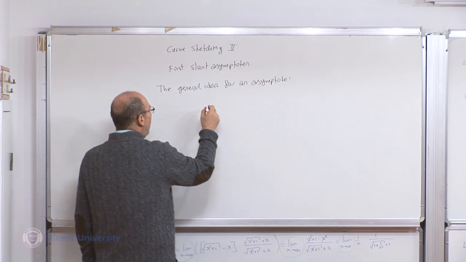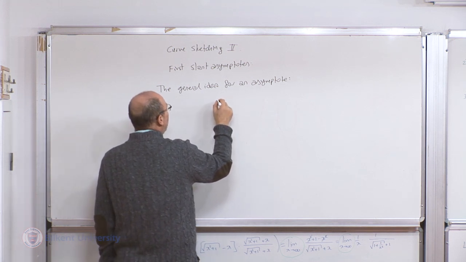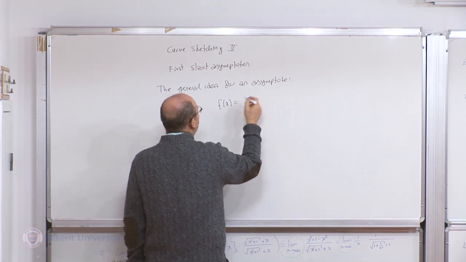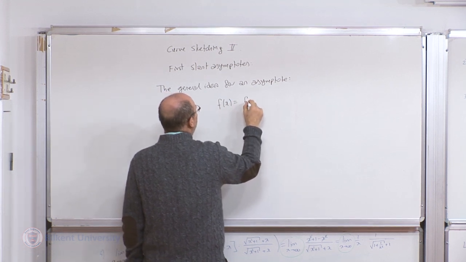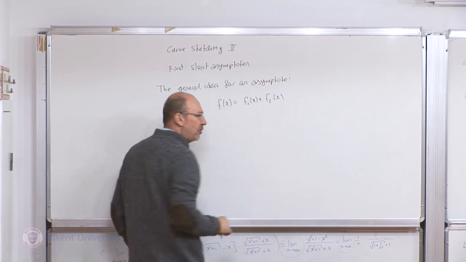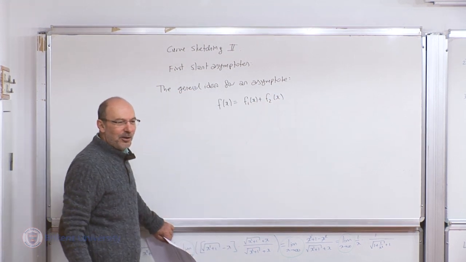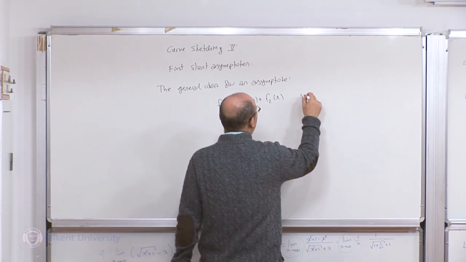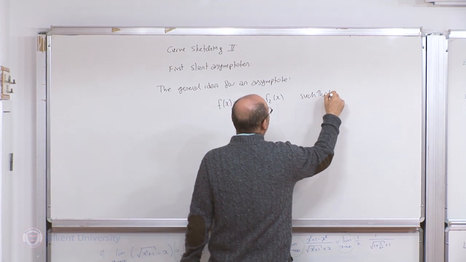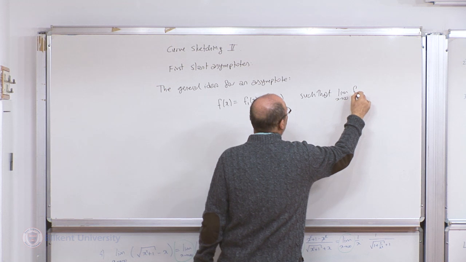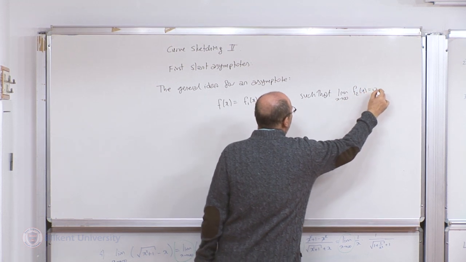Okay, we have a function f of x. We can write f of x as f1 of x plus f2 of x. This is general theory, so it doesn't make sense until it is over, such that the limit as x goes to infinity of f2 of x is 0.